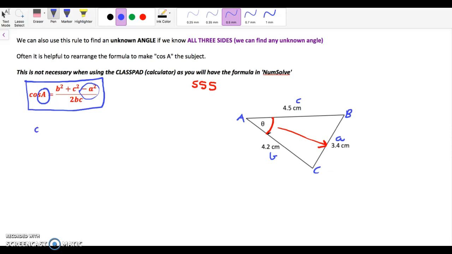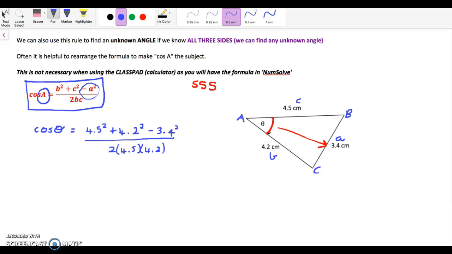So let's fill it in for our example. We want to find angle theta, so the cosine of theta is equal to 4.5 squared plus 4.2 squared, subtract the side opposite, which is 3.4 squared. This is all divided by 2 times the other two sides, which were 4.5 and 4.2.